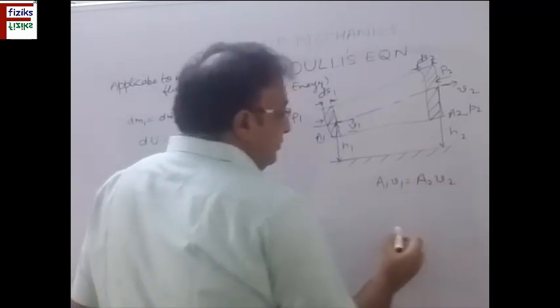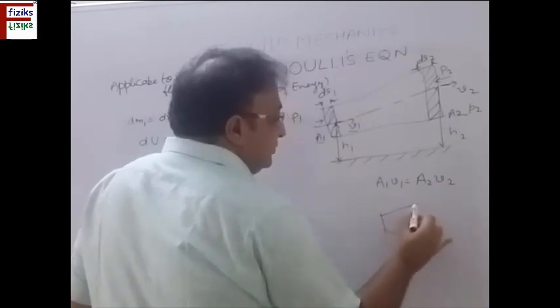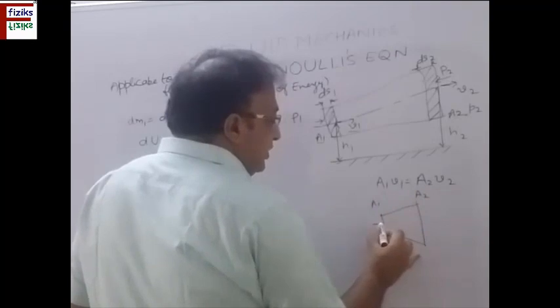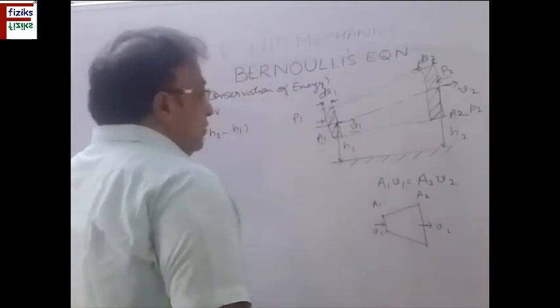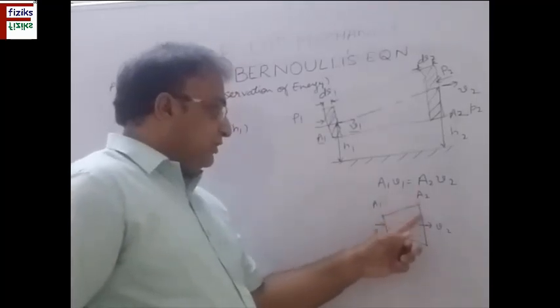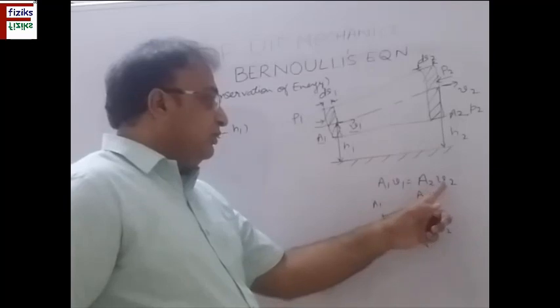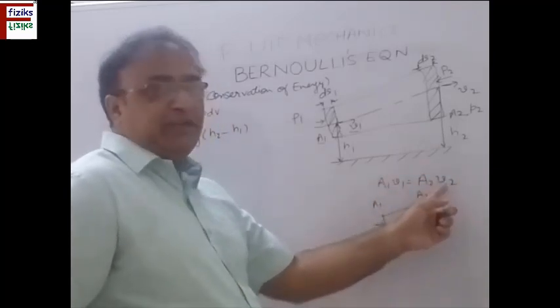Change in kinetic energy: as we know, according to the continuity equation for incompressible fluid, A1 V1 equals A2 V2. So if the flow path is like this, with area of cross section A1, A2, and velocity V1, V2. Now you can see that the area of cross section at section 2 is more than at section 1. So if A2 is more, then to keep this quantity constant, the velocity will decrease.